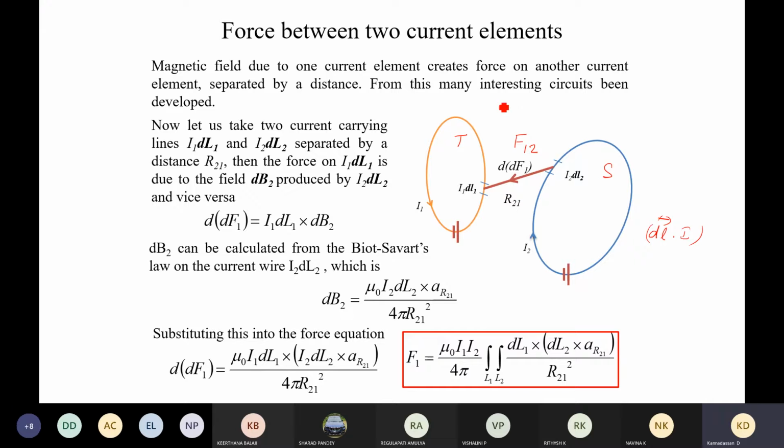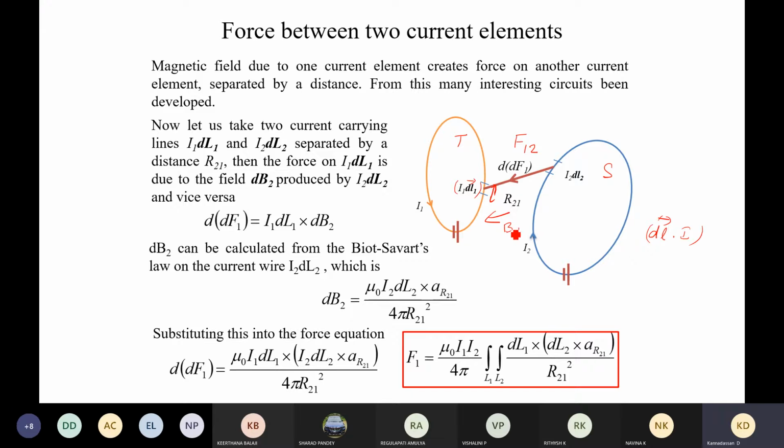For this, the very first thing we do is take element 1 and consider a small length, with current I1 and small length L1. So we have this vector. How much force will be acted if the field is coming in a particular direction, where the field is created by loop 2?